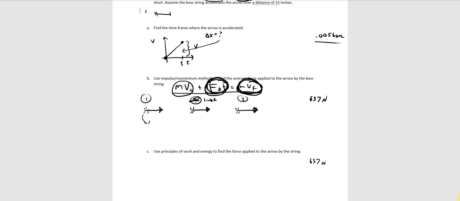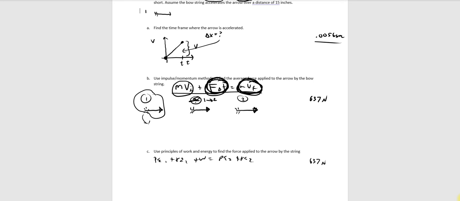Part C, let's see, use principles of work energy to find the force applied to the arrow. So write out the work energy theorem. PE1 plus KE1 plus work equals PE2 plus KE2. And ask yourself, position 1, here, before the arrow's fired, what would its kinetic energy be?